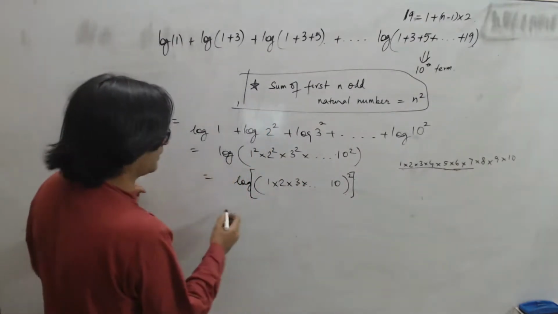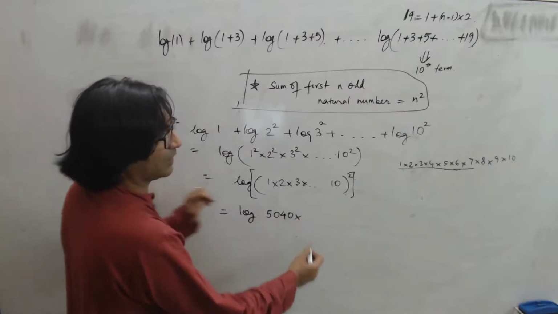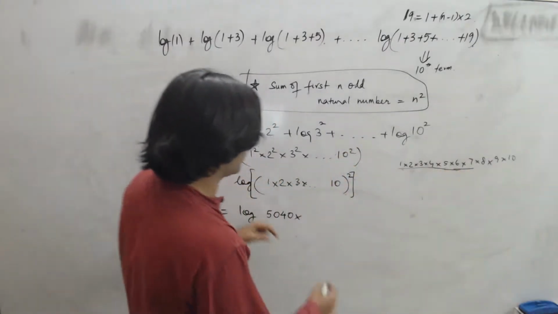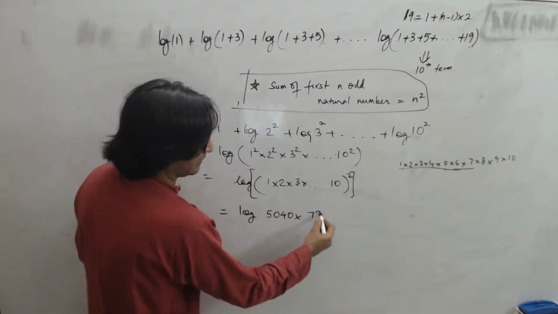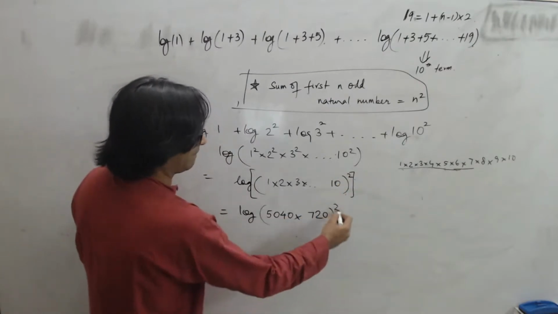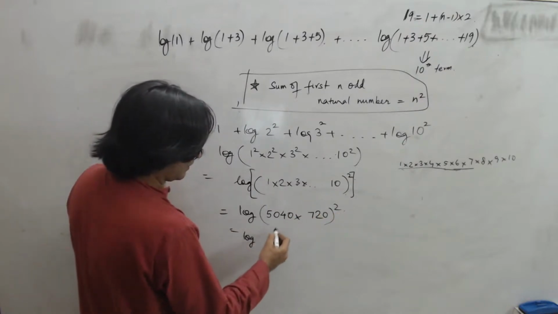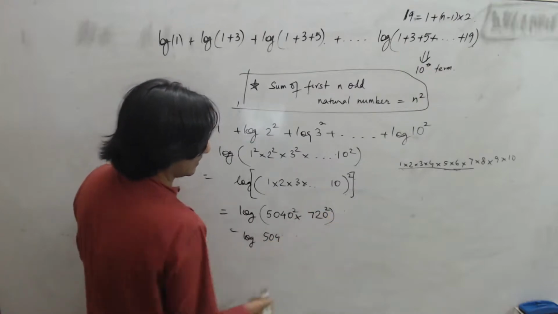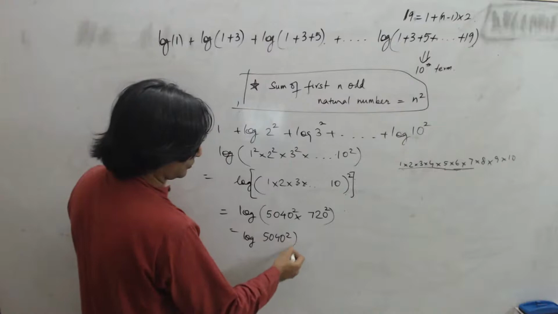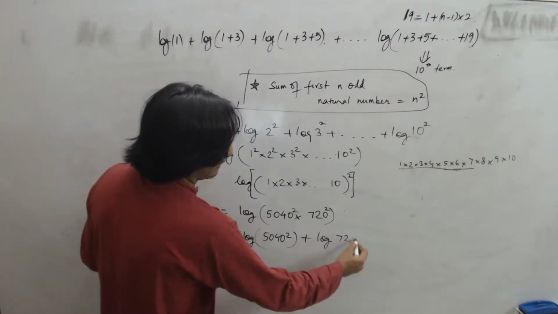So this becomes log of 5040. And then what remains is 8 into 9 into 10. So 8 times 9 are 72, into 10, 720, whole square. So if I split, this becomes log of 5040 square plus log of 720 square.